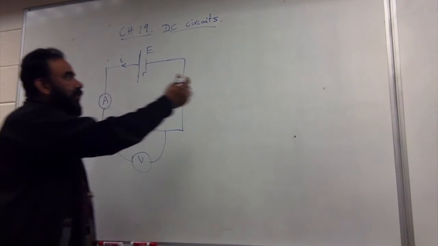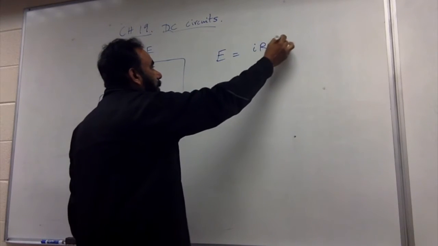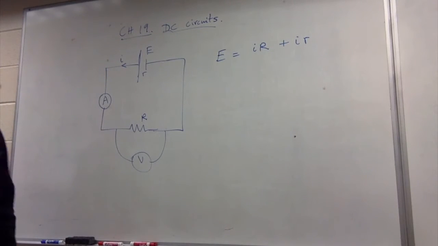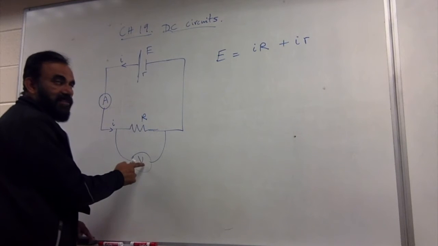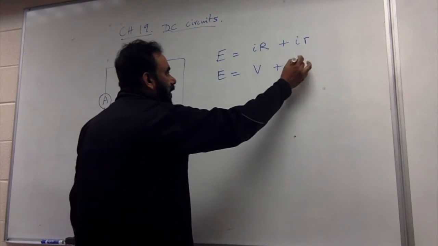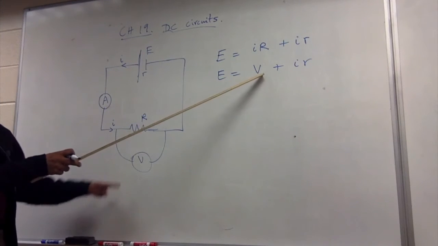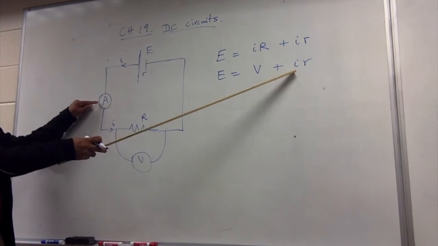And what is the original equation? E is equal to IR plus Ir, correct? And this IR, I times capital R, is V. So the EMF is equal to V plus Ir. The voltmeter measures this, the ammeter measures that.